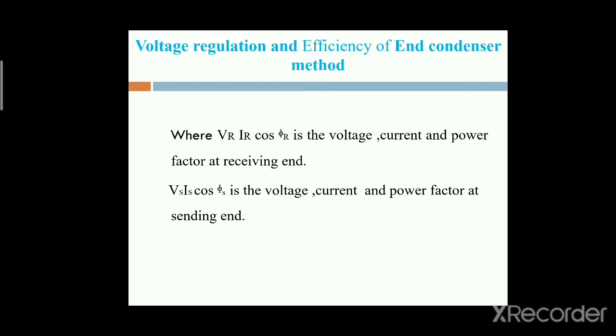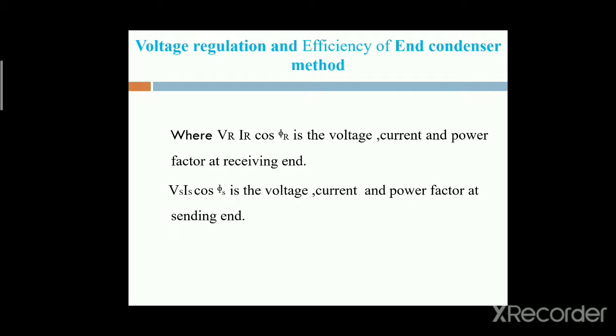This is the formula for voltage regulation and efficiency of the end condenser method. By using the equivalent circuit diagram and the phasor diagram, the efficiency and the voltage regulation of a transmission line are easily calculated.